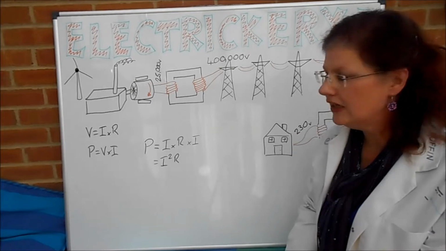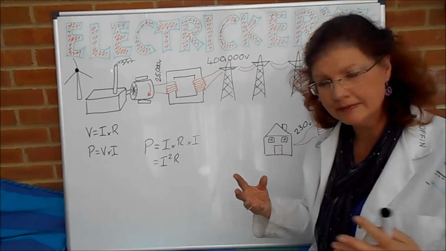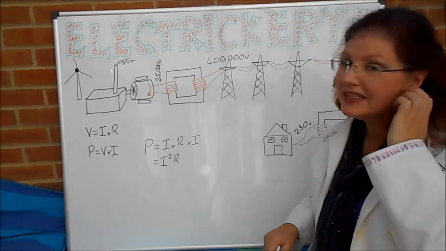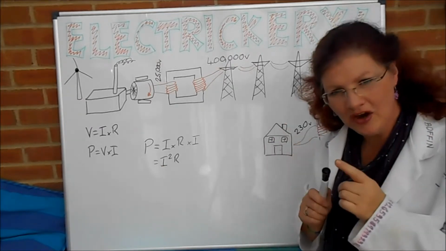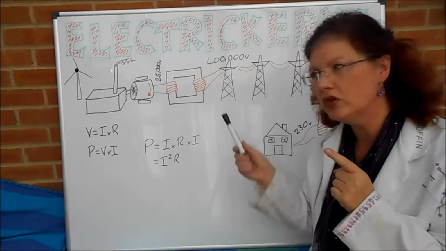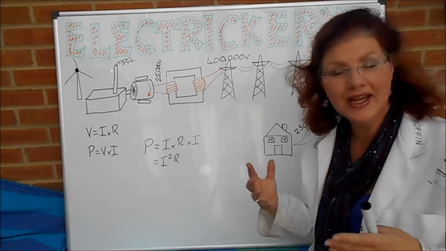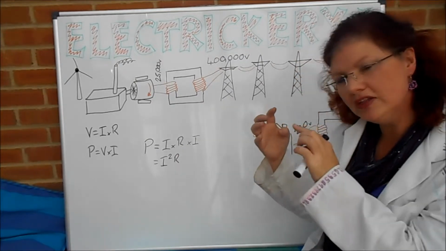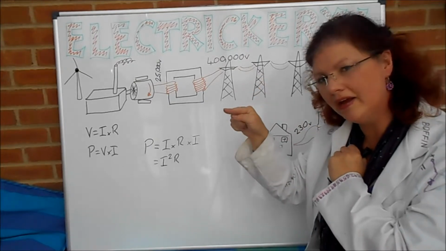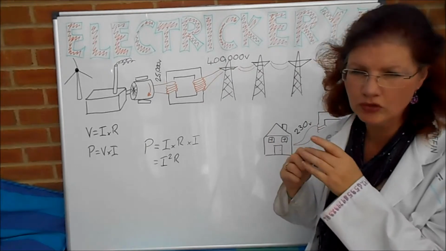Now, something to note here. I squared, the current squared. So power in this particular case is quite dependent upon the current, and it's the current that's the bad thing when you're transporting electricity. When you put electricity through a wire, the wire gets hot, and we've all seen this on things like electric heaters or hair dryers. If you look inside them, you can often see a curl of wire, and sometimes that curl of wire will start glowing red hot, especially if it's been dropped or something like that.